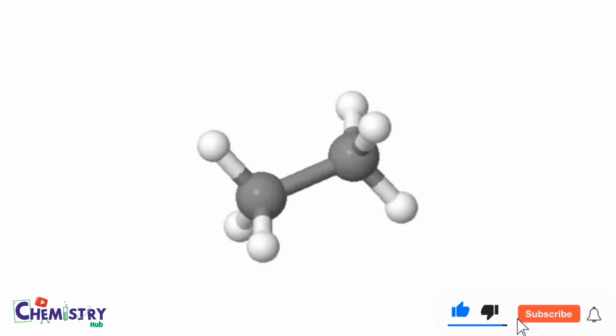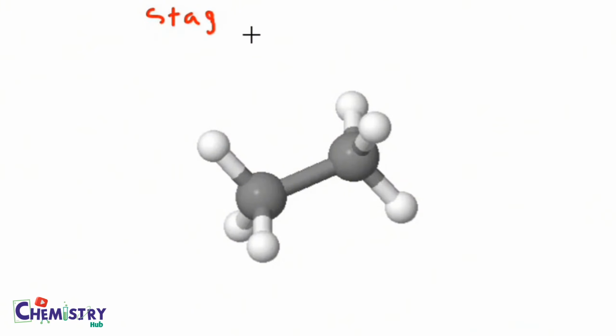Another sorting we have for the structure is the staggered form of ethane. The next sorting is staggered, which is displayed in this way.